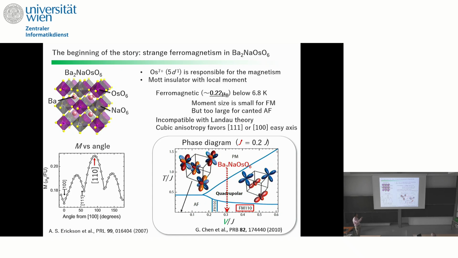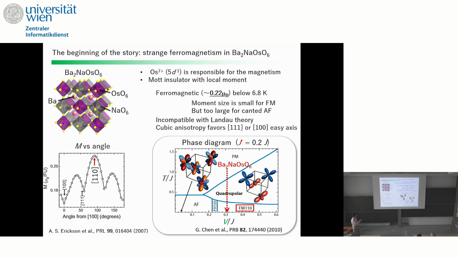It contains Os7+, which has a 5d1 electronic configuration. It is a magnetic insulator with a ferromagnetic moment of 0.2 μB. This saturation moment is rather small for a localized ferromagnet, but apparently too large for a canted antiferromagnet.